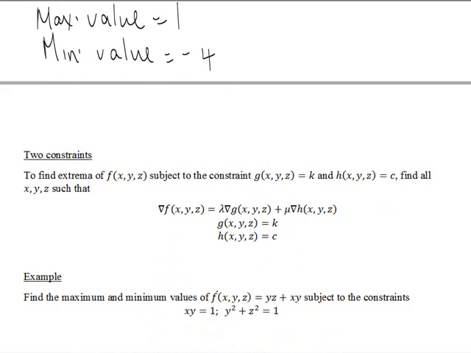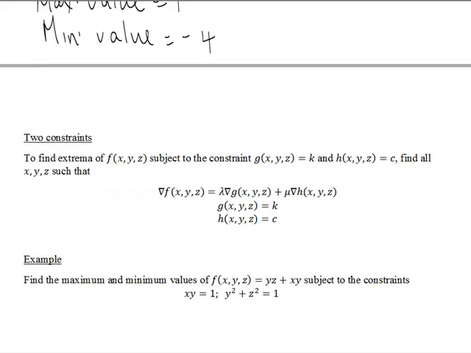Sometimes you want to maximize or minimize some function, but it's subject to quite a number of constraints, right? You can have 2, you can have 3, you can have 4, right? So I'm going to show you how you handle 2. I have seen so many constraints in my studies in mathematics. It's unbelievable. You know the type of equations you can get. So look at 2 constraints.